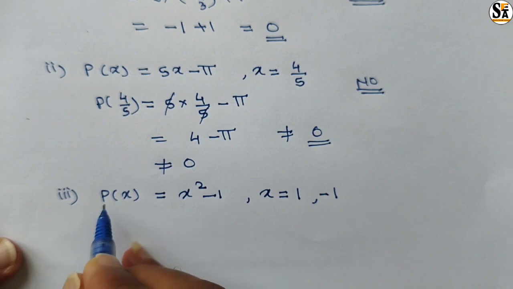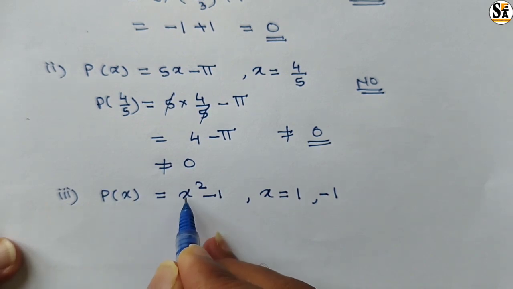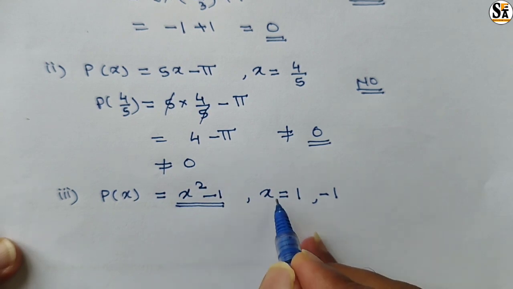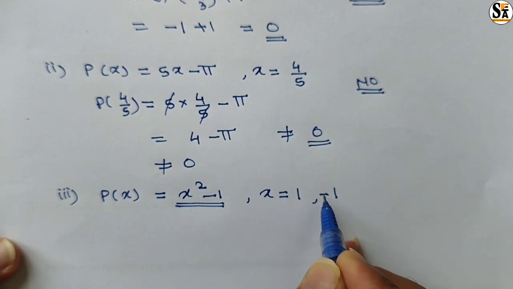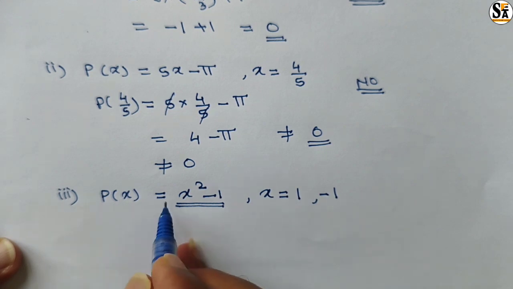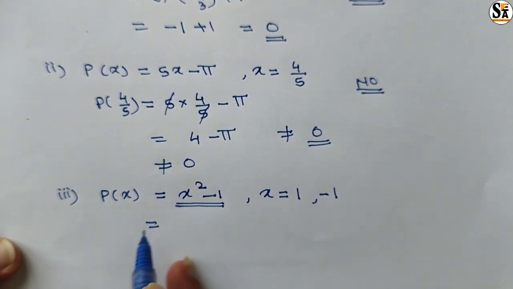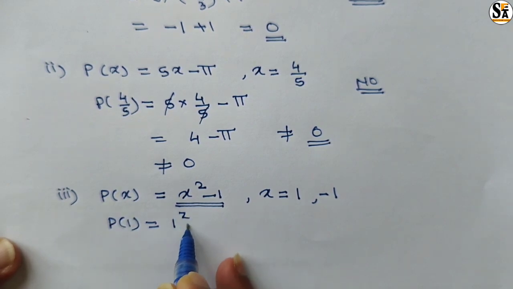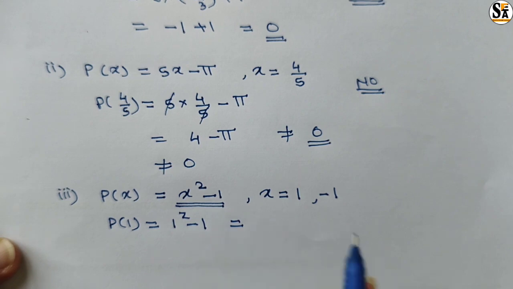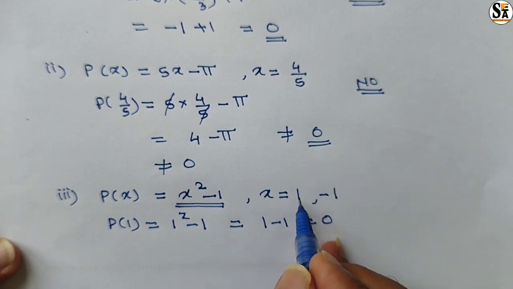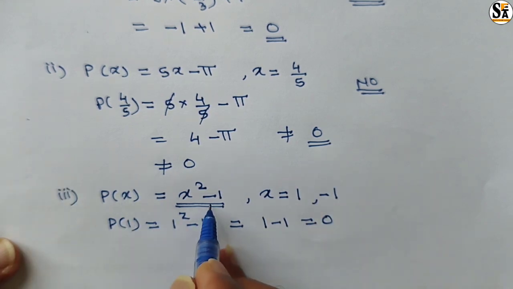Now see the next one. Polynomial is given, p of x equal to x square minus 1. In this polynomial, we have to find whether x equal to 1 or x equal to minus 1 are zeros for this polynomial. Put the value of x as 1. In the first case, p of 1 is equal to 1 square minus 1, that is 1 minus 1, we are getting 0. So x equal to 1 is a zero for this polynomial.